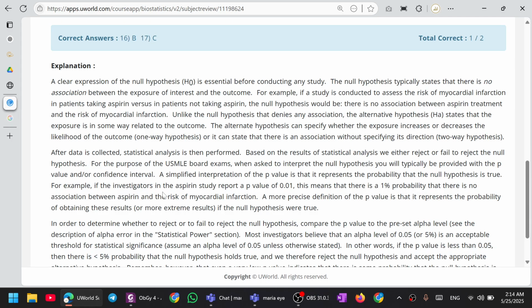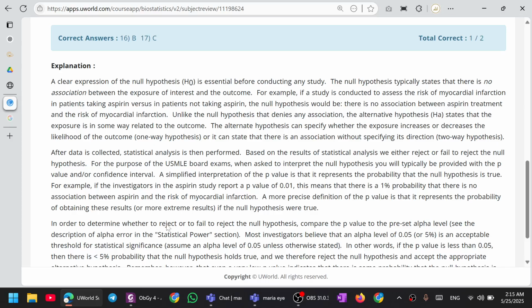For example, if the investigator in the aspirin study reports a p-value of 0.01, this means there is a 1% probability there is no association between aspirin and the risk of myocardial infarction. A more precise definition of the p-value is that it represents the probability of obtaining this result or a more extreme result if the null hypothesis were true.